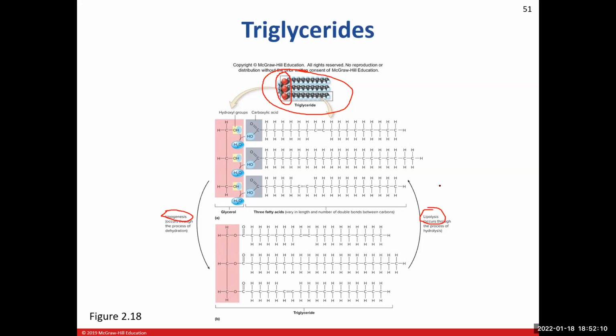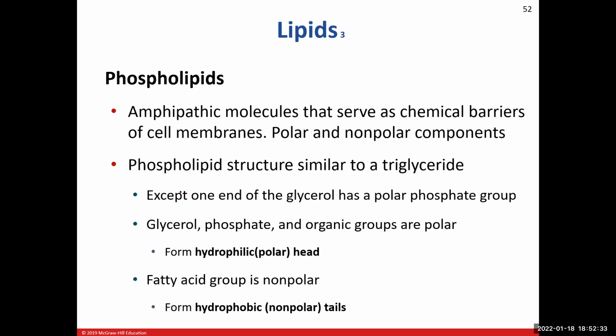If nutrient levels are low, then you're going to undergo lipolysis, and we're going to liberate those triglycerides. If you got lots of nutrients floating in your blood, then we're going to store that stuff for a rainy day, and we're going to undergo lipogenesis.